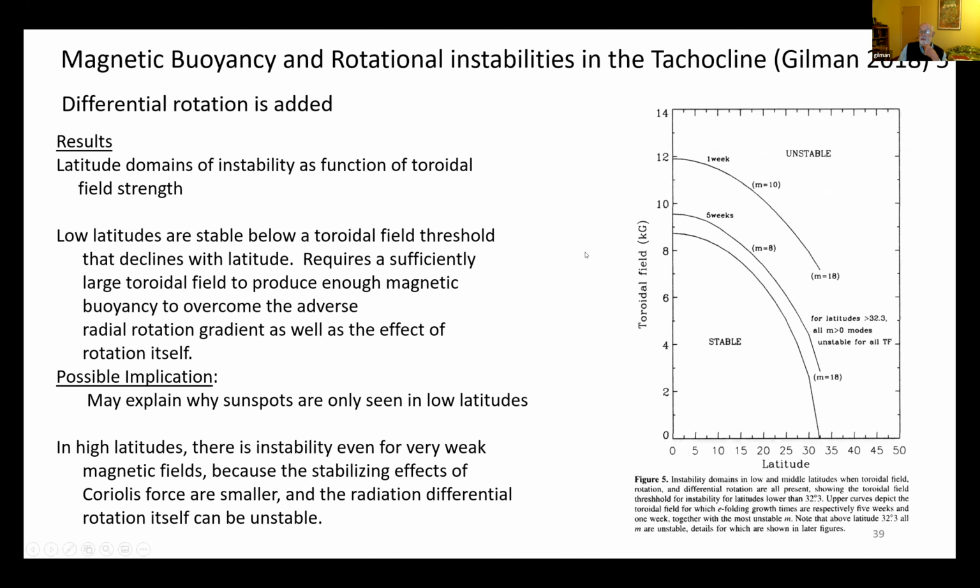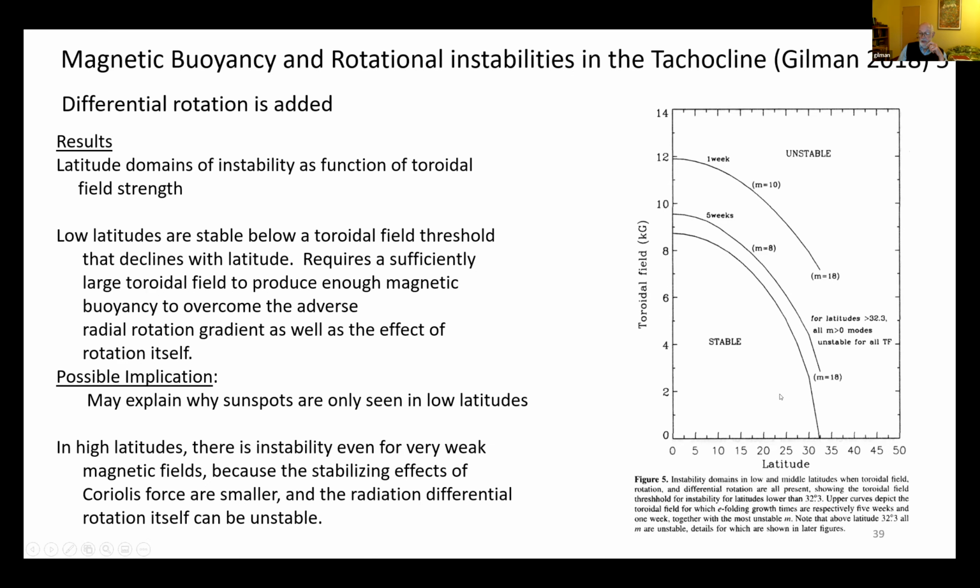Now, if you make another sort of instability diagram for the whole domain, you can see it for all high latitudes, all the way down to 0 where it's unstable. But in low latitudes, there's a stable domain until you get a sufficiently high toroidal field.